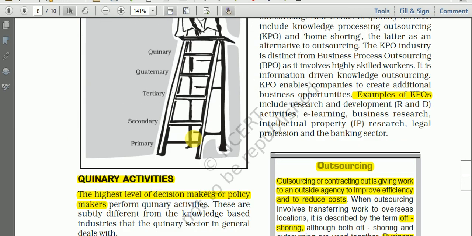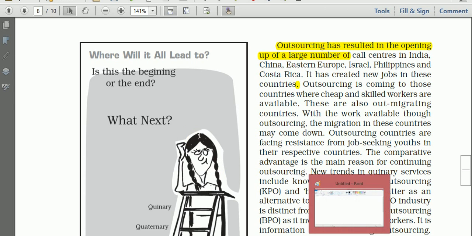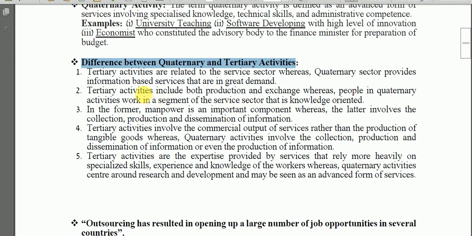So let us find out the main differences between the tertiary and quaternary activities. See here, tertiary activities are related to the service sector, whereas the quaternary sector provides information-based services that are in great demand.